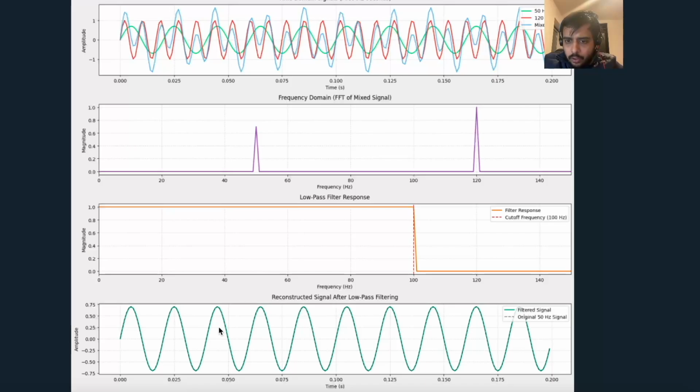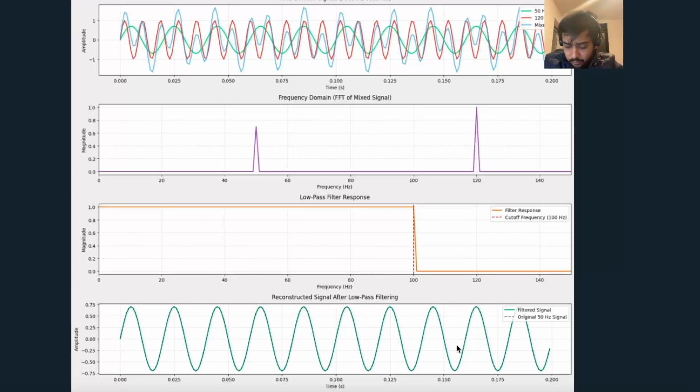Then we compute the inverse Fourier transform of this peak without the 120 Hz, that is, we apply the third panel low pass filter to the second panel and then compute the inverse Fourier transform. Here the green signal is the filtered signal that we get from the inverse Fourier transform, and the black dashed line is our original 50 Hz signal from the first panel. So you see it matches.